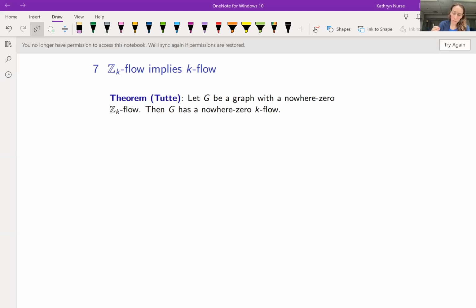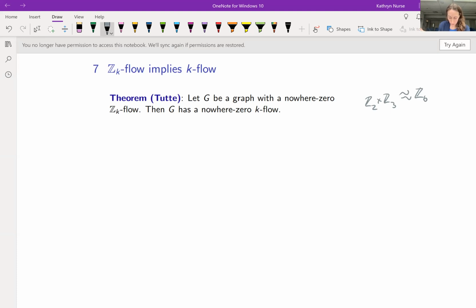And we found a Z2 cross Z3 flow, but in this case it's really easy because Z2 cross Z3 is isomorphic to Z6. So I'm going to assume that we have this Z_k flow, where k could be equal to 6, and then you get what we need. And now we're going to get a k-flow.